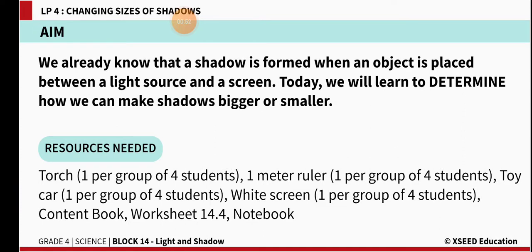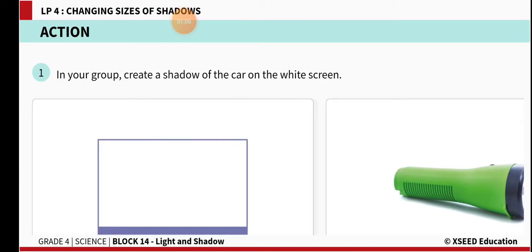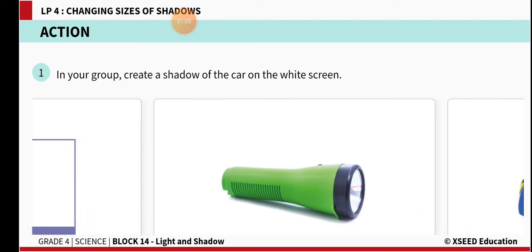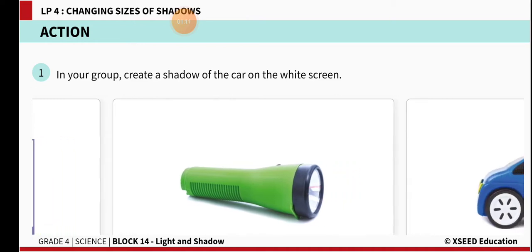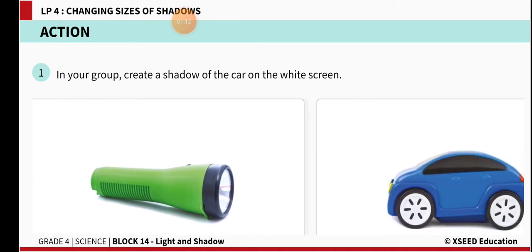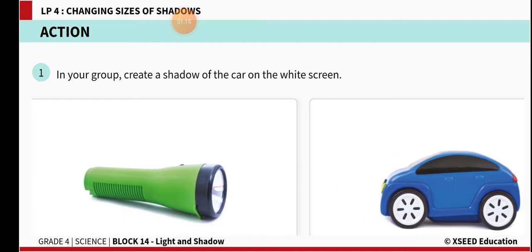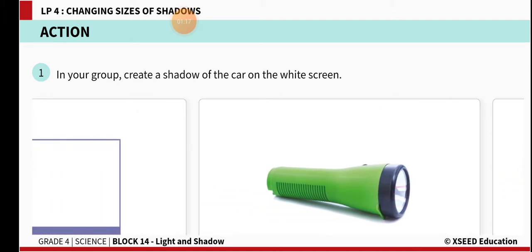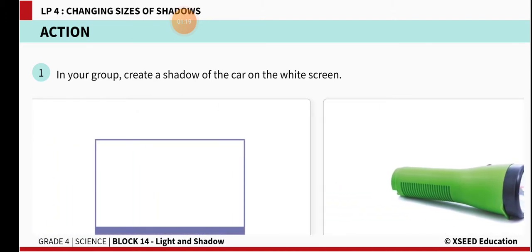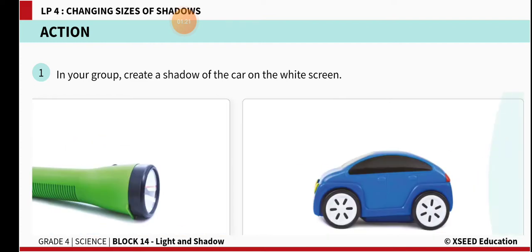To know more about this, we can do one activity. For that, you need a torch, a 1 meter ruler, a toy car, a white screen, the content book, the workbook, and your notebook. Take these things and use the torch and toy car as the object, and try to make the shadow of the toy car on the screen.